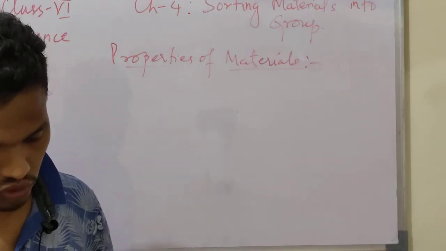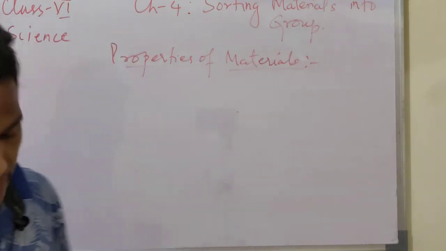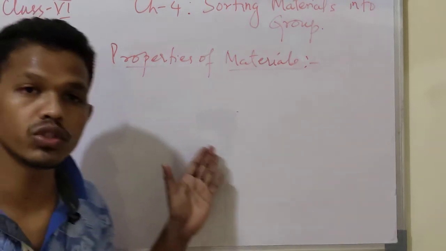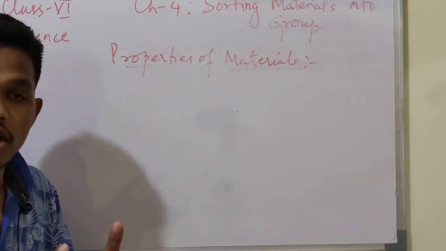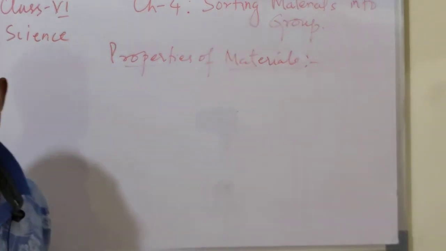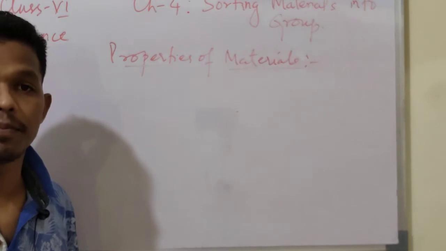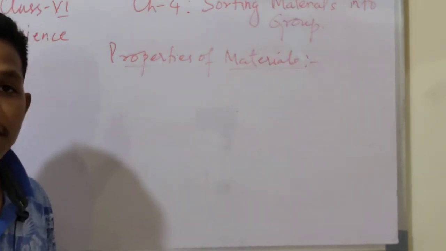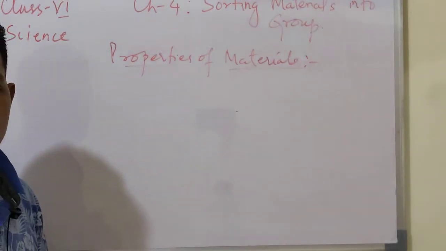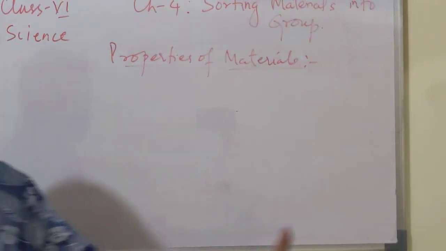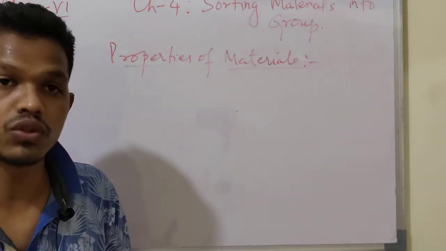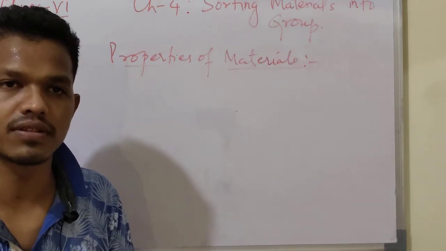No. Therefore, we choose a material to make an object completely depending upon the properties of the material. We can't choose paper to make a utensil for cooking food.